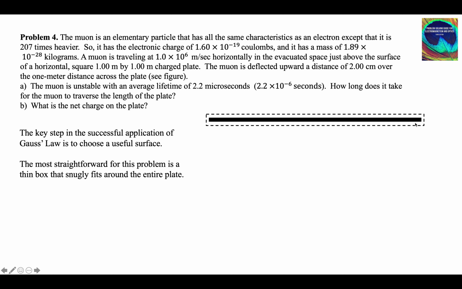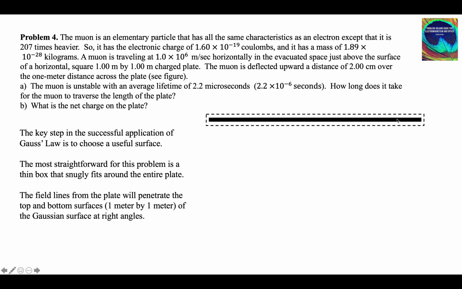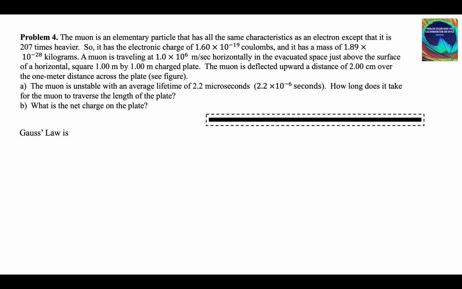And remember, these are 1 meter by 1 meter, so that's a big area. The field lines are going to the top square surface and the bottom square surface. The field lines are coming in at right angles. And since the Gaussian surface has the entire plate, Q enclosed by the Gaussian surface is the charge on the plate. There's Gauss's law.